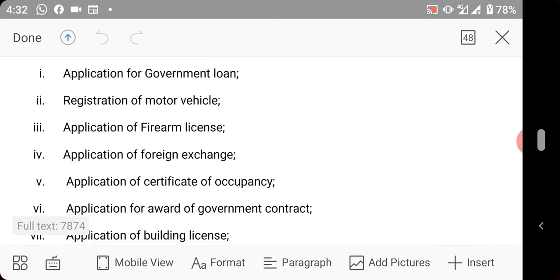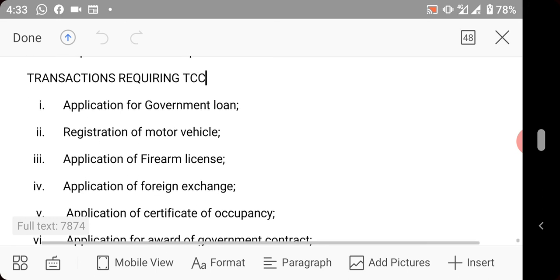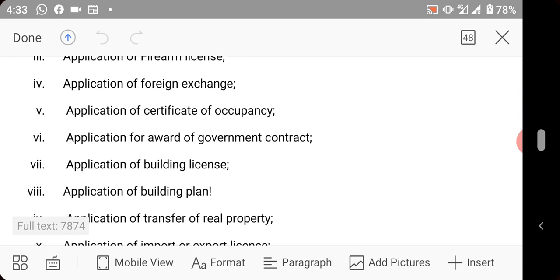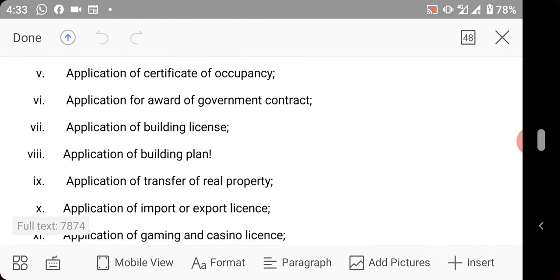Application for government loan. When you are applying for a government loan, you must have TCC. Registration of motor vehicle, you must have TCC. Application for firearm licenses, you must have TCC. Application for foreign exchange, you must have TCC. Application for certificate of occupancy, you must have TCC. Application for award of government contract, you must have TCC.